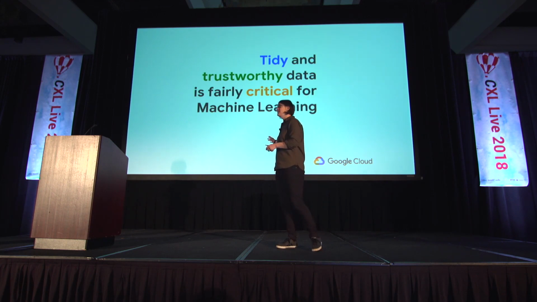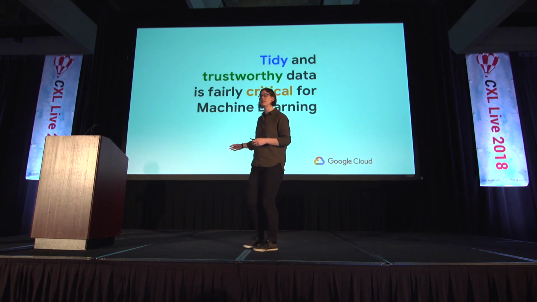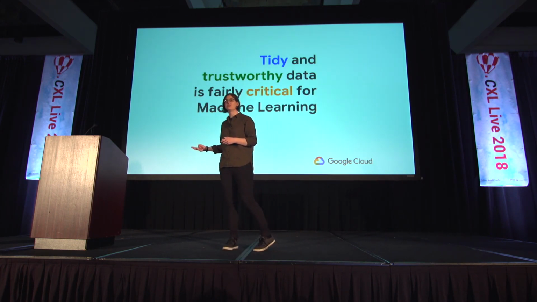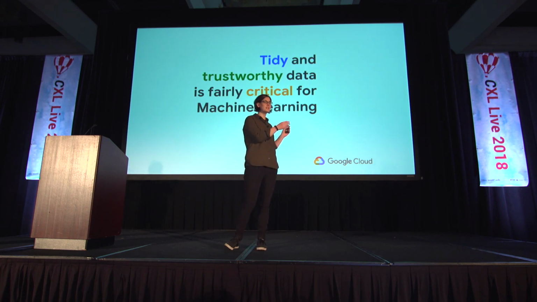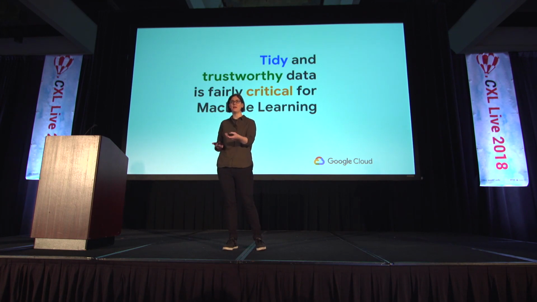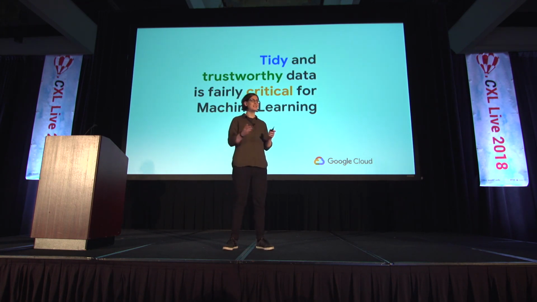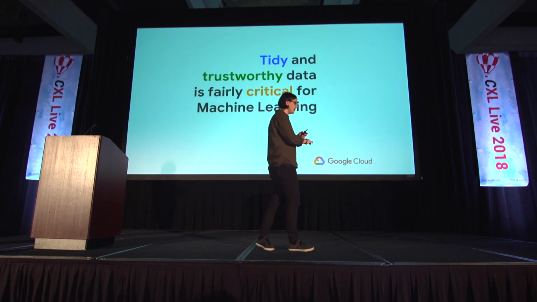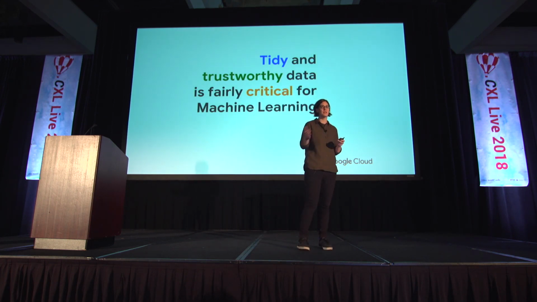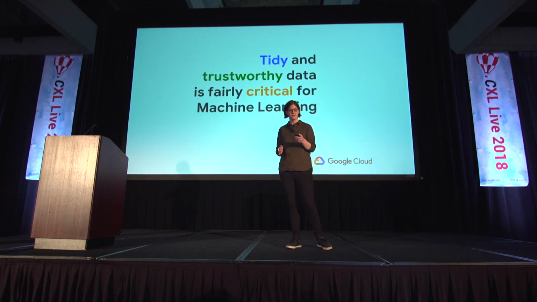Tidy and trustworthy data, it's fairly critical to machine learning. And this is for 2 reasons. First of all, the quality of the data that comes in will reflect the quality of the model that comes out. But also, if you have messy data, your data scientist is going to spend ages just messing about trying to make your data cleaner. So ensure that you have tidy and trustworthy data.